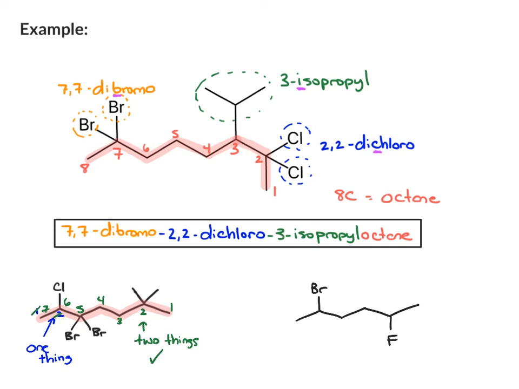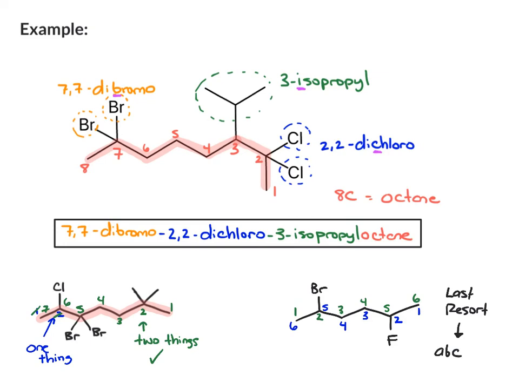Okay, how about in this case? If we number from the left, we have something at 2 and something at 5. If we number from the right, we have something at 2 and something at 5. We have an absolute tie in either direction. Only when you have this type of tie that you can't break through numbering, your last resort is to use alphabetical priority.